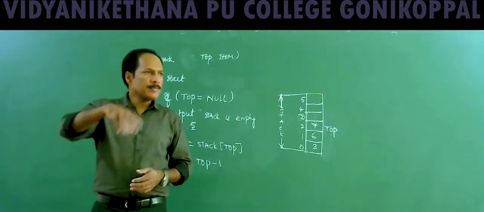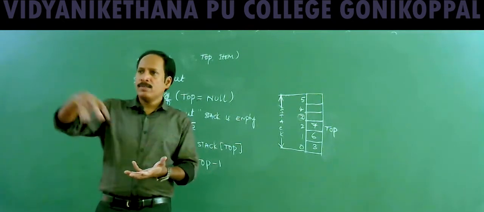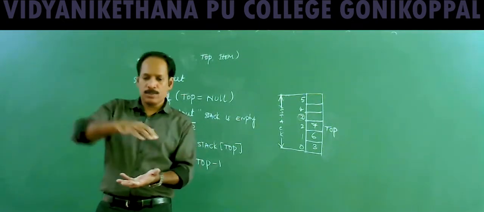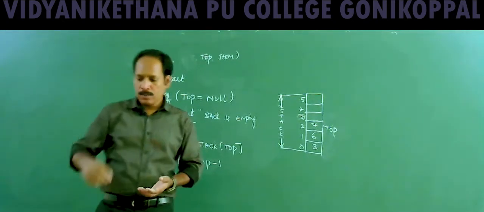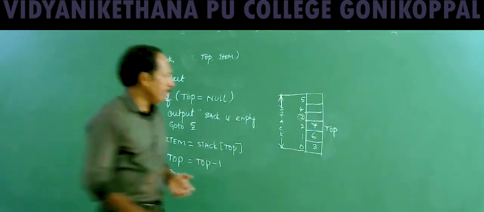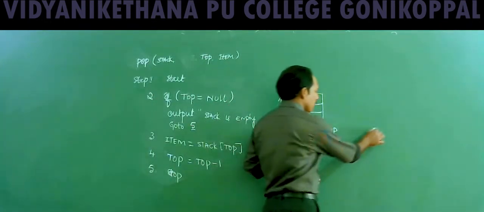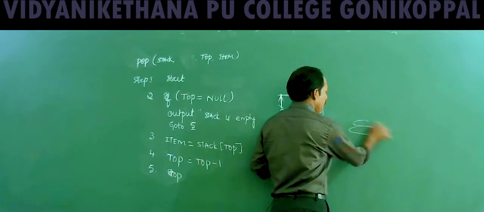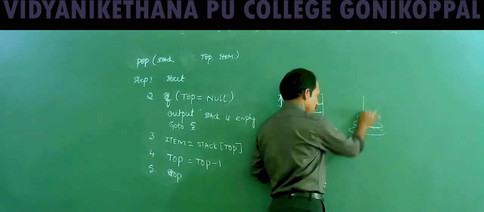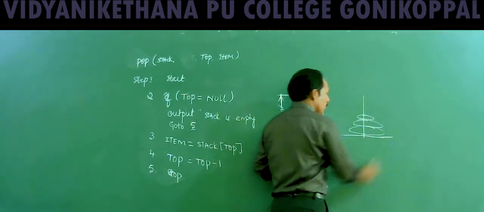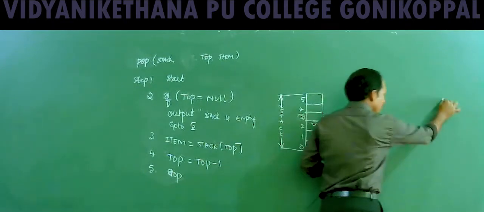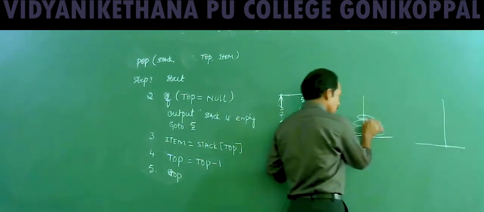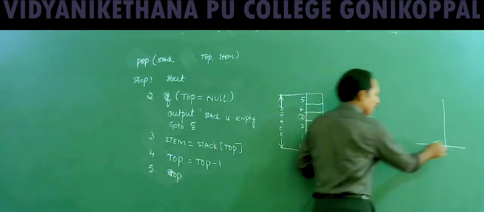So we have 3 disks and 3 rods, of different sizes, which have to be shifted. You can imagine the Tower of Hanoi looks like this: the first plate, the second plate, and the third plate. This is the disk we have. Similarly, they have to be shifted to the other rod in the same order, so I have to keep them like this.